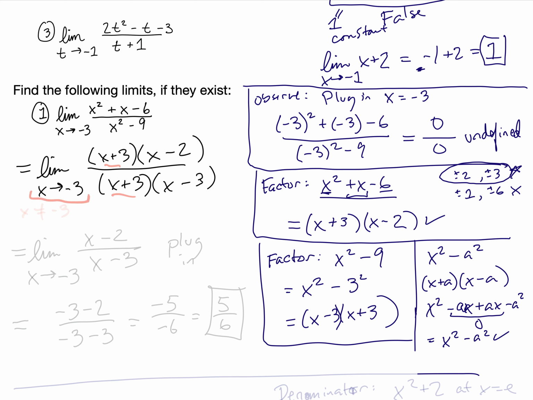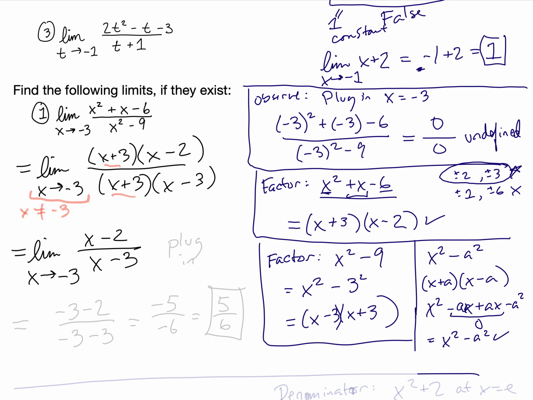We're specifically looking at places where x is not equal to negative 3, because we're looking at values of x that are close to negative 3 but not equal to negative 3. So this is equal to the limit as x approaches negative 3 of simply x minus 2 divided by x minus 3.